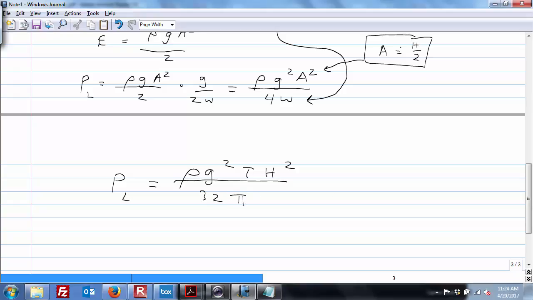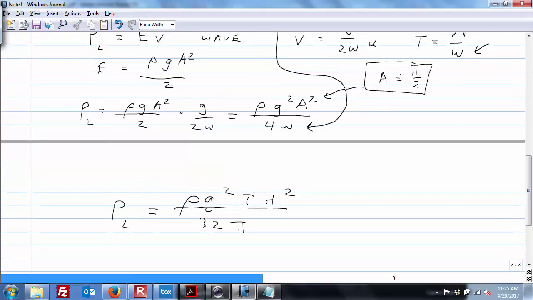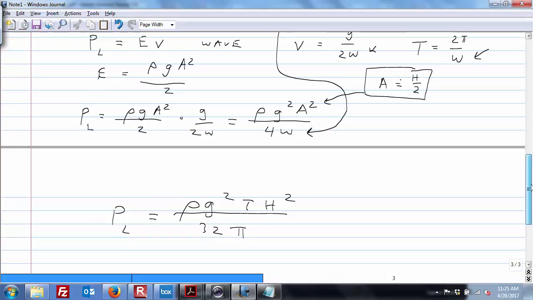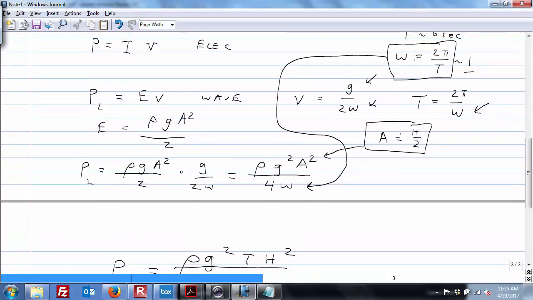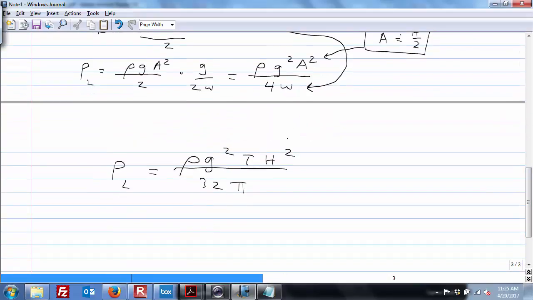We were looking at 4 before. If you square A, this 2 in the denominator becomes 4, and then the additional 2 pi comes from this term. So we've got basically 3 additional 2's. 2 times 2 times 2 is 8. 8 times 4 is 32, and that's where the 32 pi comes from.